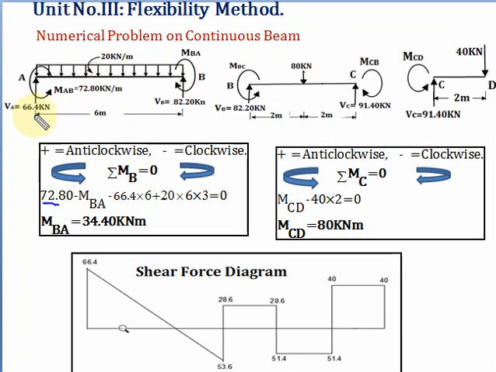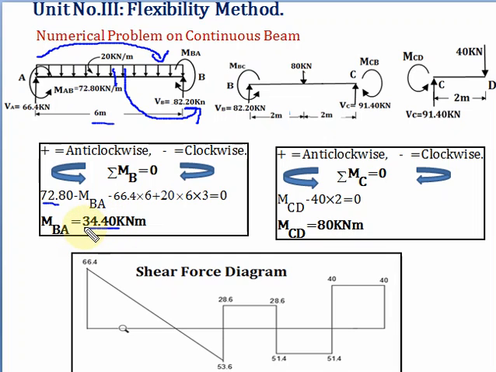Then the vertical reaction at A is 66.4, acting in clockwise direction, so minus, and length is 6. Then this UDL is acting in anti-clockwise direction, so 20 into 6, and the perpendicular distance will be 3, that is from the center, which is equal to 0. From this we will get the value of MBA equal to 34.4.